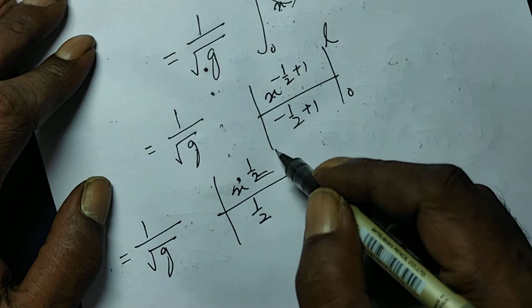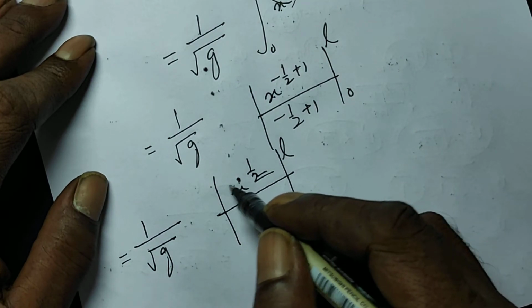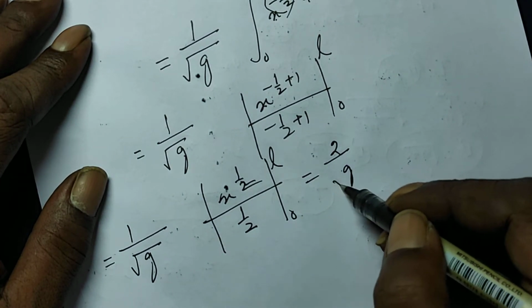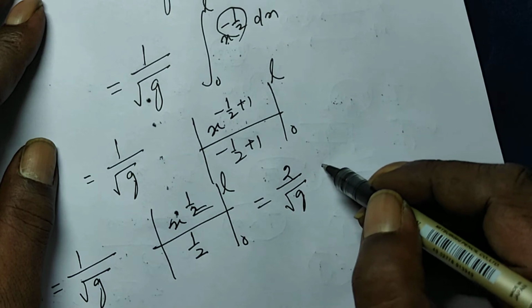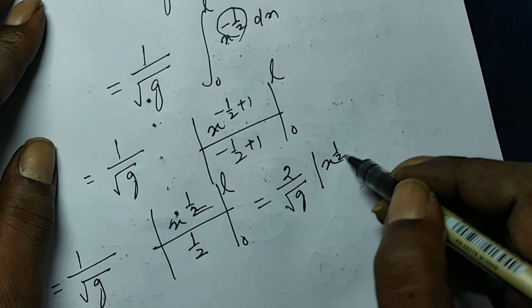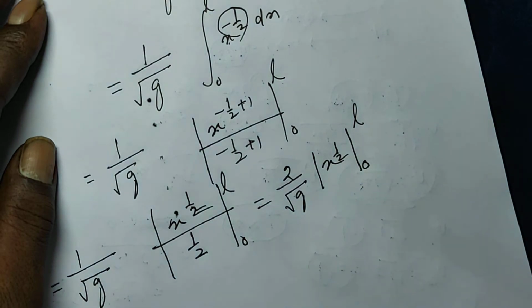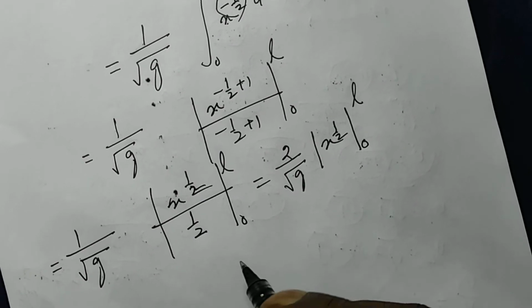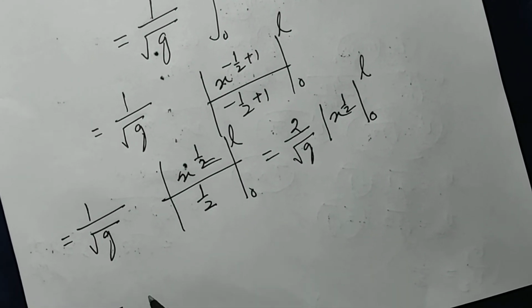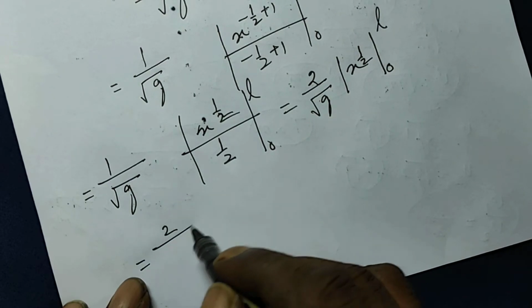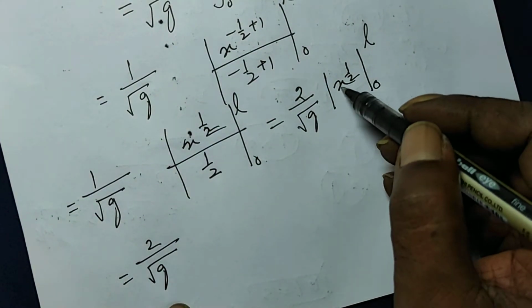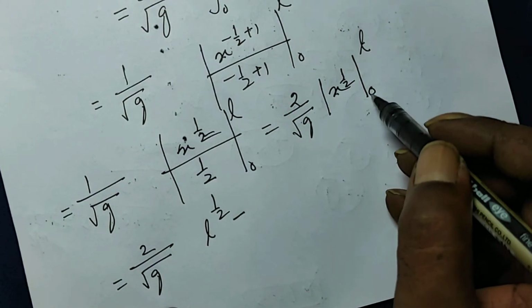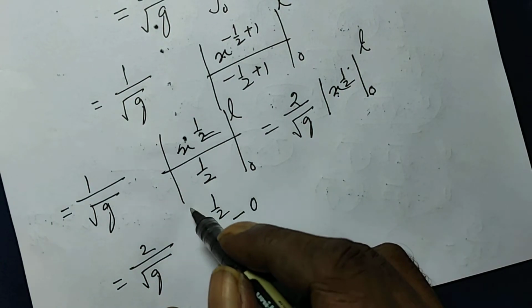This 2 comes to the numerator and is taken out. So I am left with 2 over square root of g, where I put the upper limit L to the power 1 by 2 minus 0 to the power 1 by 2, that is 0.